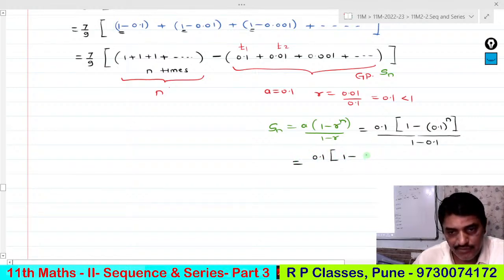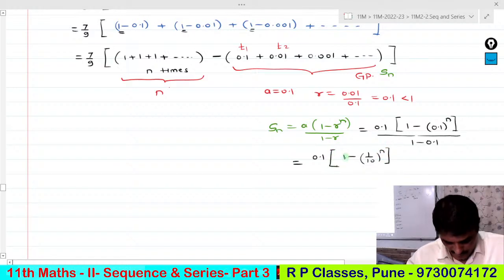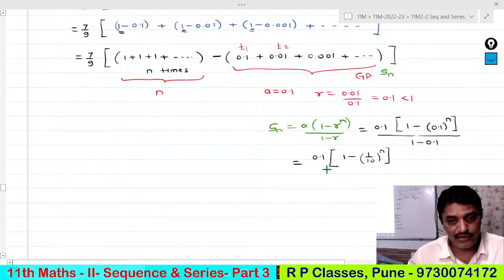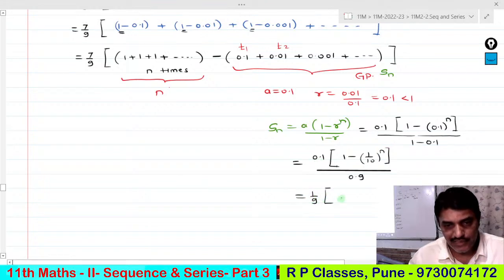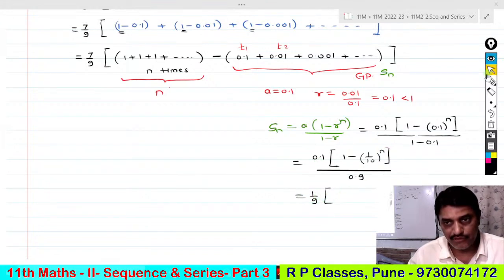This is nothing but 1 upon 10 bracket raised to n, and the whole thing divided by 0.1 minus 0.1, how much is that? 0.9. This bracket I have written over here like this, now 1 raised to anything is 1, so this 0.1 upon 0.9 is going to give me 1 upon 9, correct?